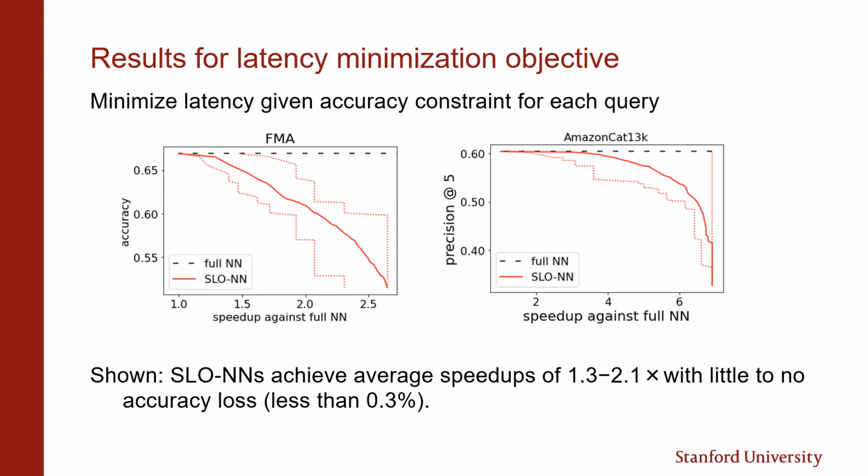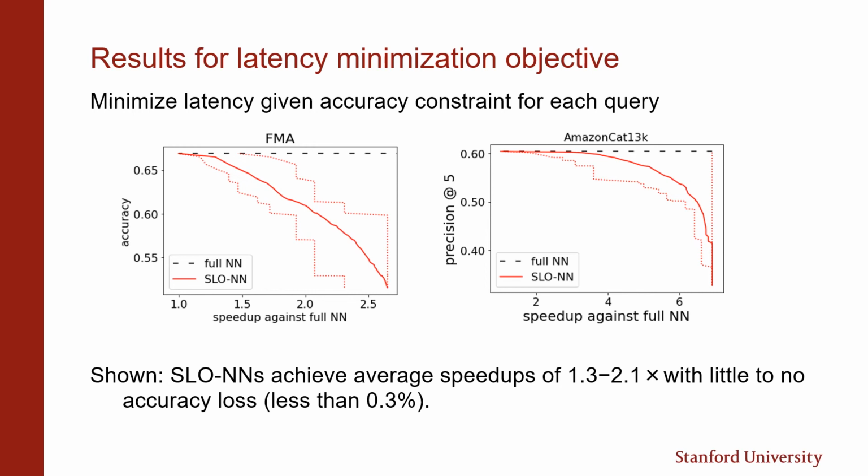The dotted black line exemplifies the accuracy of the full neural network, while the red lines exemplify the accuracy versus speedup against the full neural network. The solid red line exemplifies the mean behavior, while the red dotted lines exemplify the min and max.